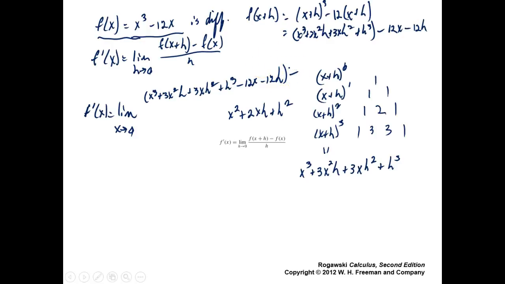Minus, what's your f of x? Here it is. x cubed minus 12x. And all this is over h, right?